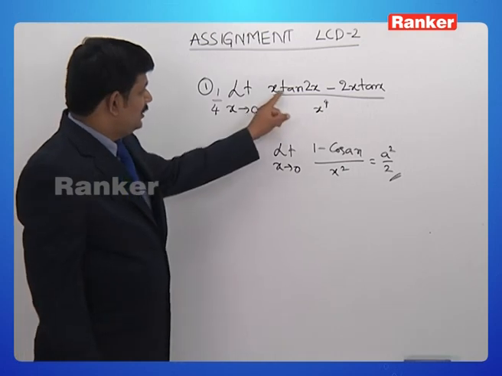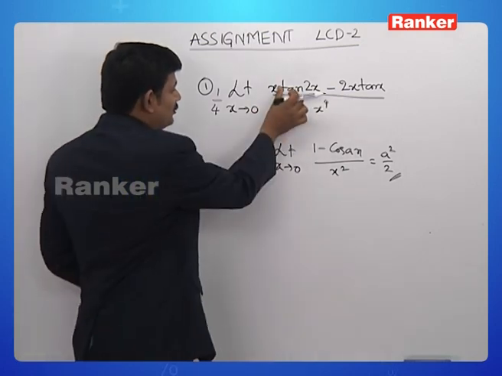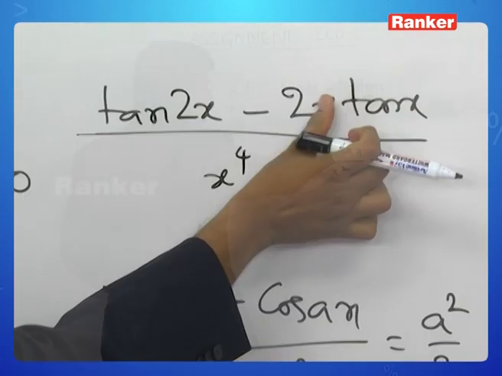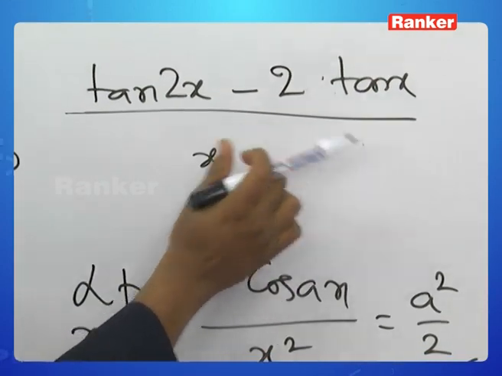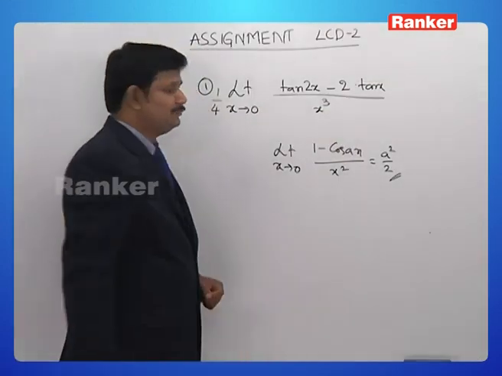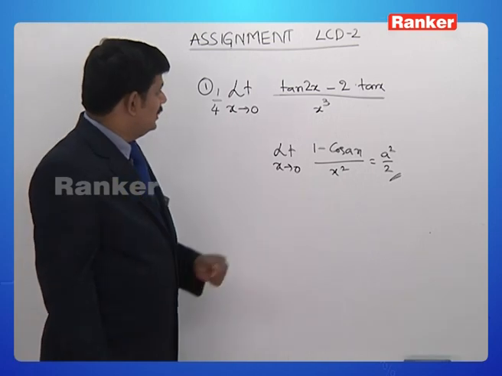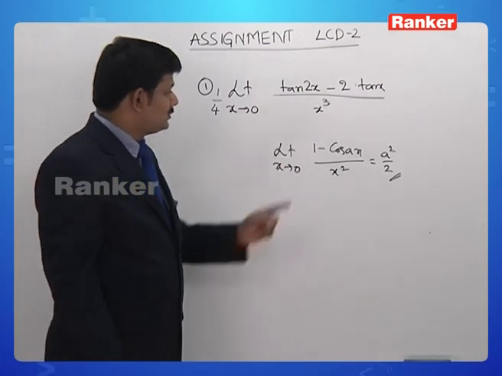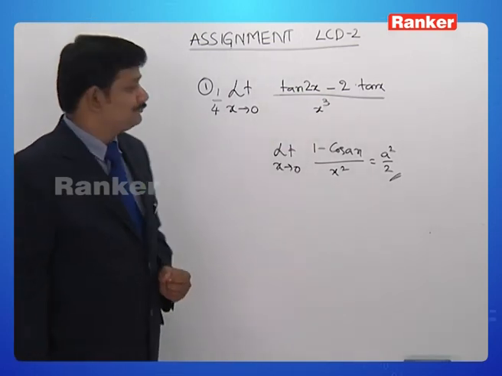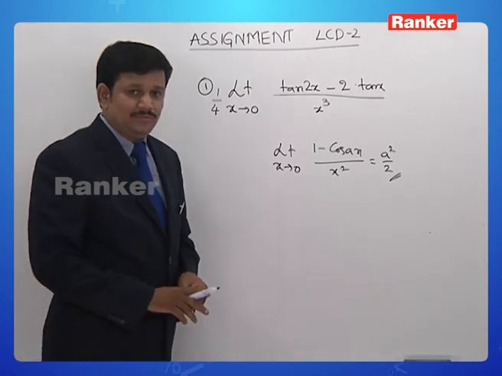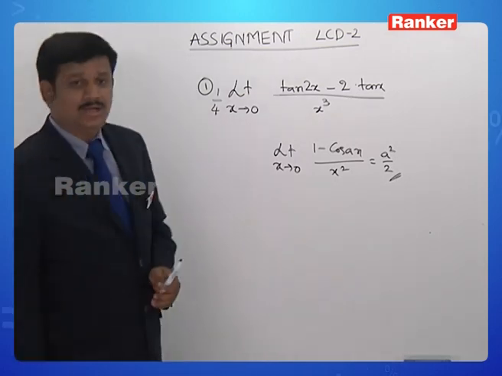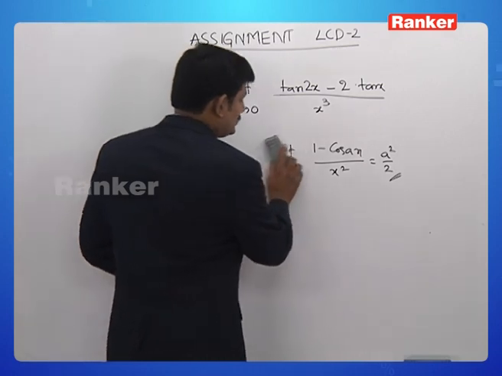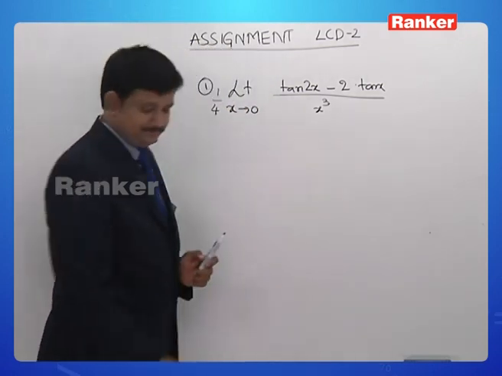Now, you can see one x common in the numerator, it gets cancelled with one x in the denominator. Now, our question is tan 2x minus 2 tan x divided by x cube. Tan 2x all of us know, 2 tan x by 1 minus tan square x. Now, let us simplify this question.